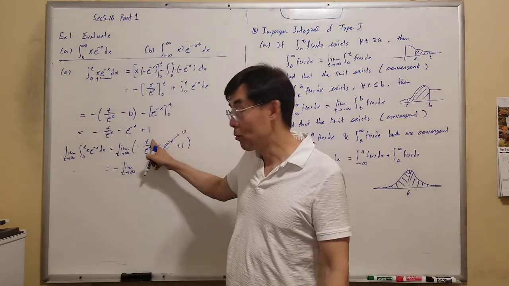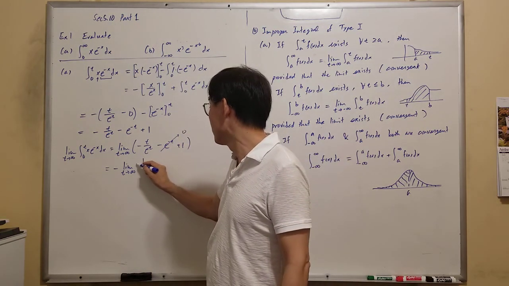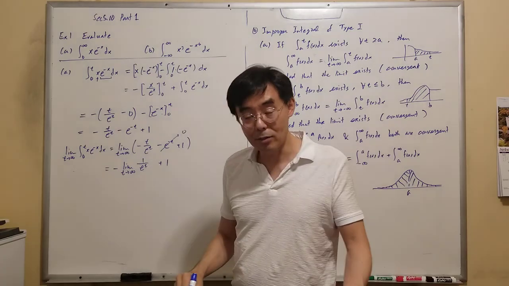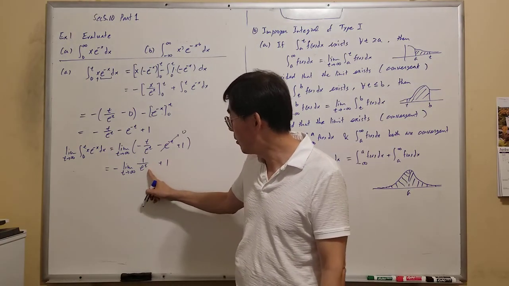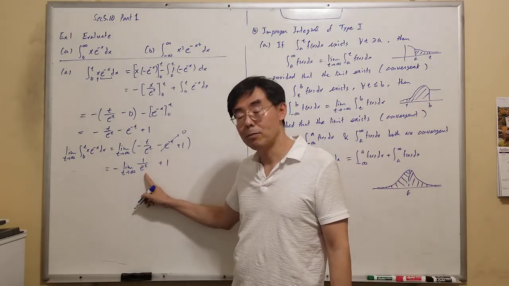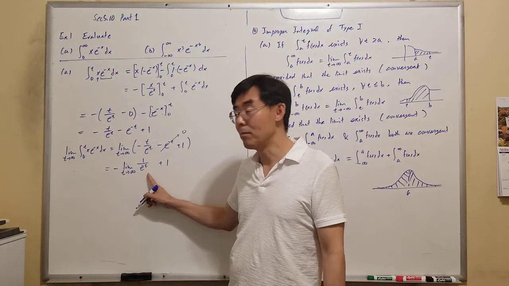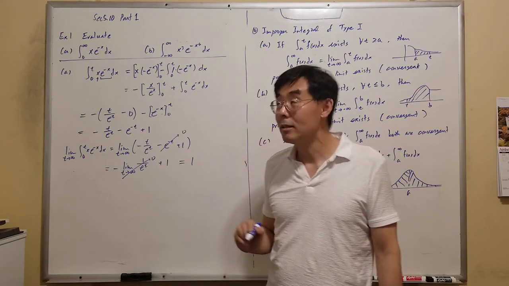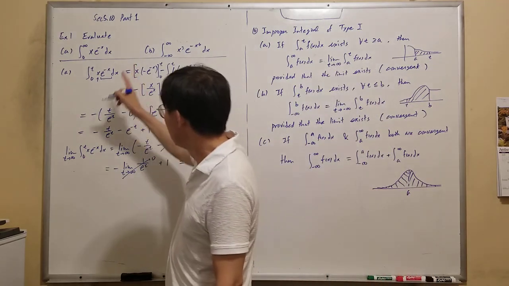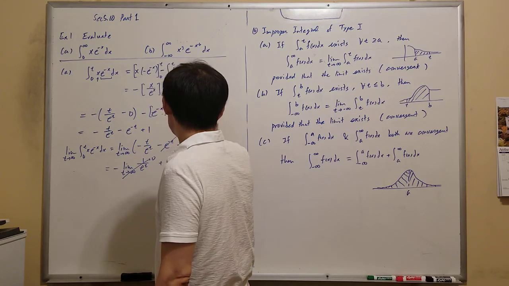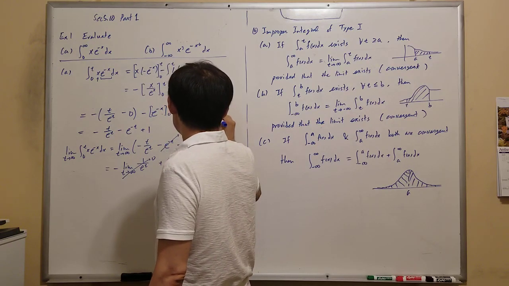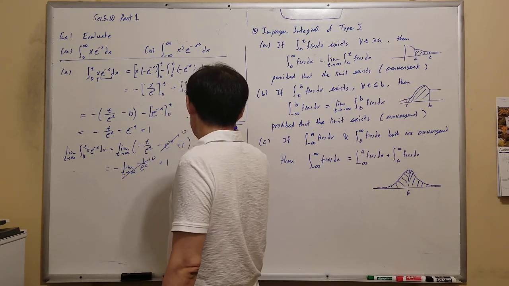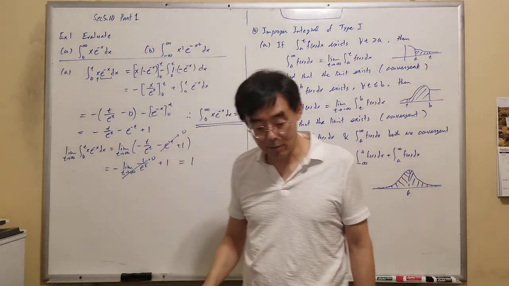So derivative of the numerator over derivative of the denominator, and I'm going to copy the constant 1 out. Now, 1 over e to the very large power will be 1 over a really large number, so it's going to go to 0. So it's going to be 1. Therefore, the integral from 0 to infinity of x times e to the negative x dx will be 1, because this is exactly this limit value. All right?